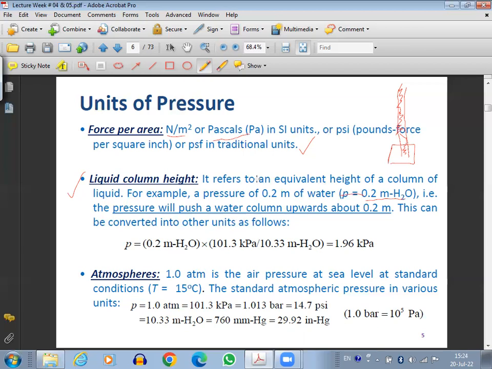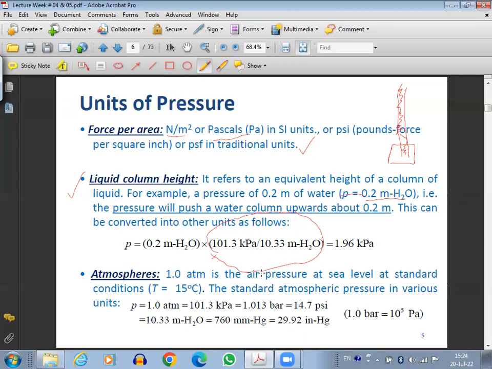So for example, one of the conversion rates shown here is that 101.3 kilopascal, the atmospheric pressure, is equal to 10.33 meter of water height. So if I have a column filled with water, and the height of the water column is 10.33 meter, it's a very big height.